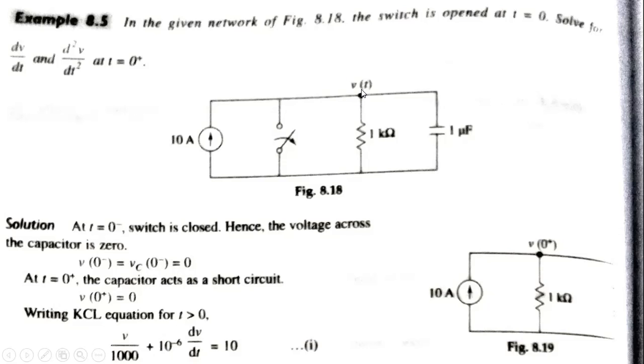Both the source voltage and the voltage across the capacitor are equal to 0 when the switch is closed, at the instant t is equal to 0 minus.